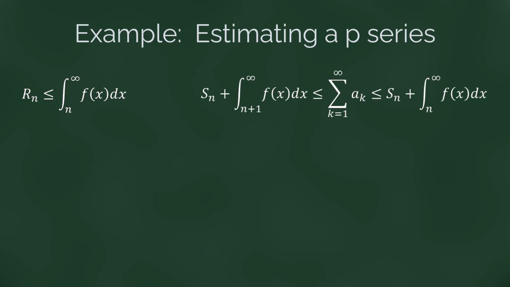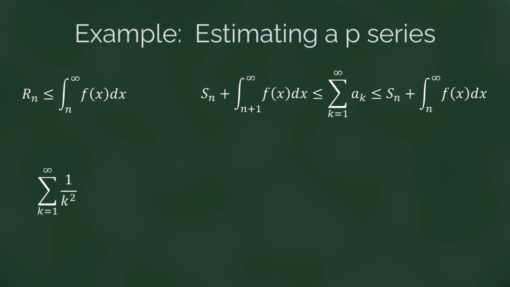We also know that s sub n plus the integral from n plus 1 to infinity of f of x dx is less than or equal to the value of our series, which is less than or equal to s sub n plus the integral from n to infinity of f of x dx. And we can use that to find upper and lower bounds for our series for any particular n value.